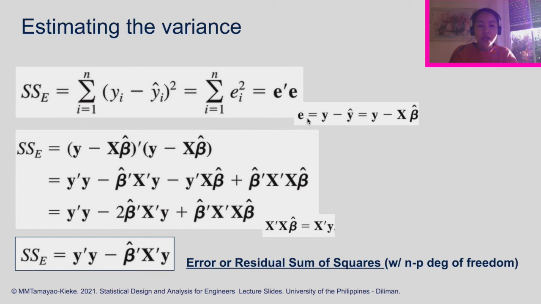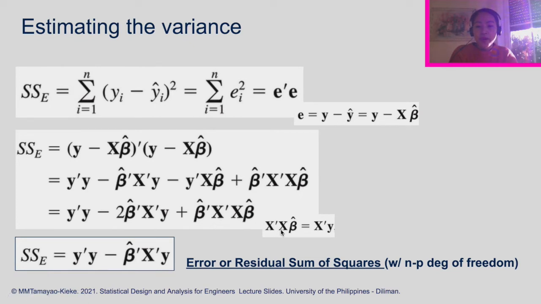And we know that e is equal to y minus y hat, which is just equal to y minus X beta hat. So we substitute this into the e's here, perform the operations, and we get this equation.